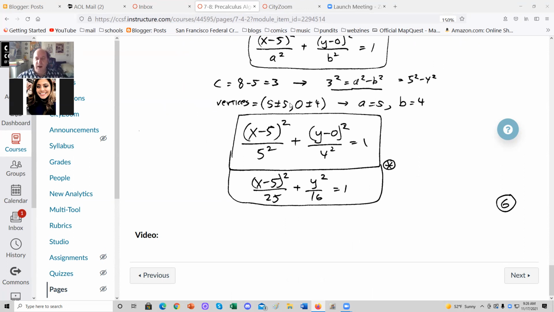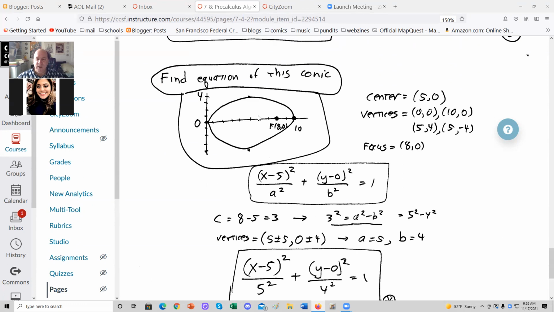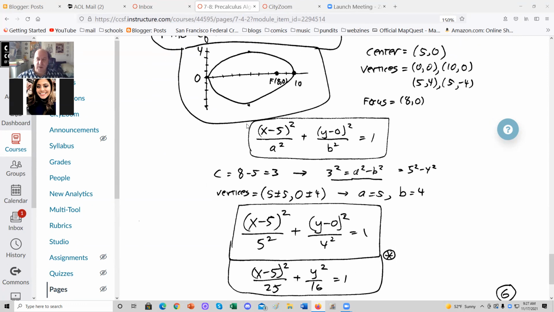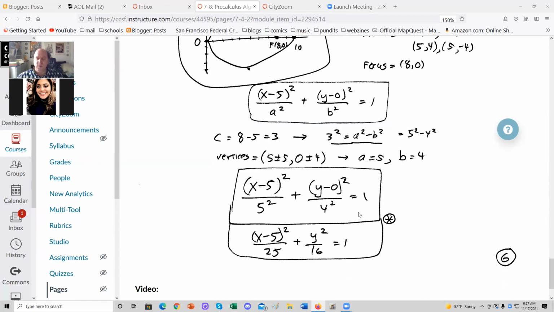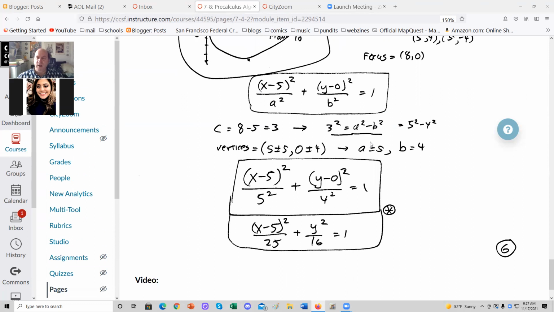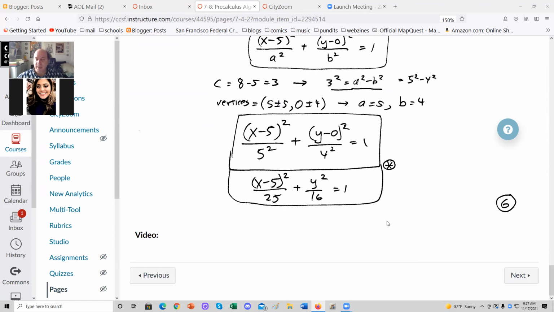I should say 5 plus or minus 5 by 0 and 5 by plus or minus 4. This is mistaken, but whatever. A is 5, B is 4. So x minus 5 squared over 5 squared plus y minus 0 squared over 4 squared equals 1. You can rewrite that as x minus 5 squared over 25 plus y squared over 16 equals 1. And that concludes shifting the conic sections.